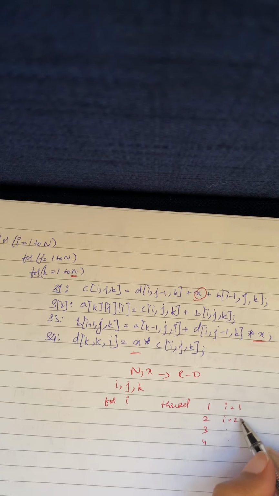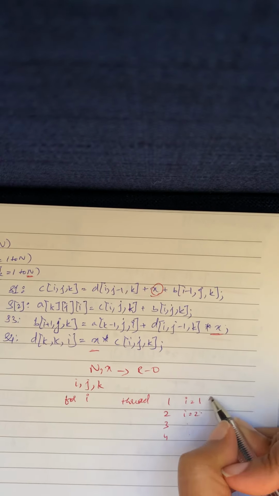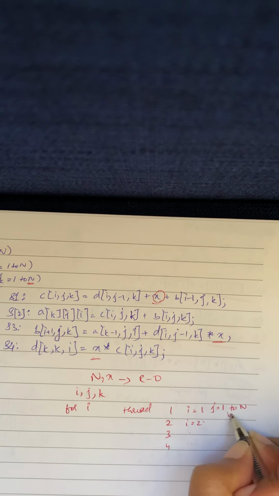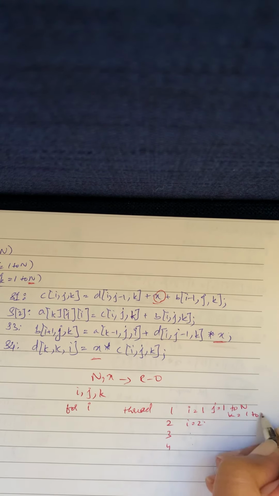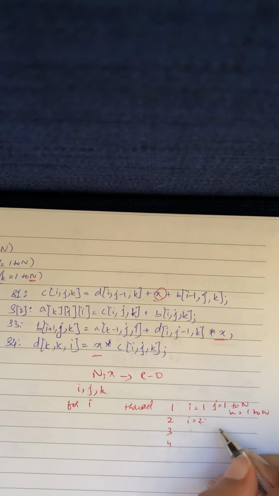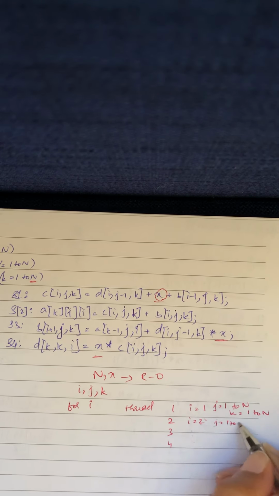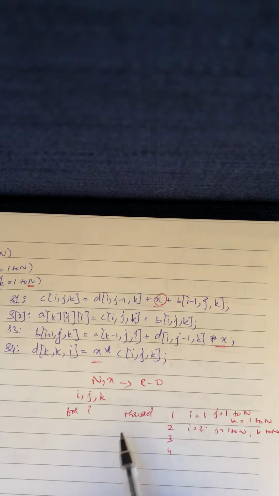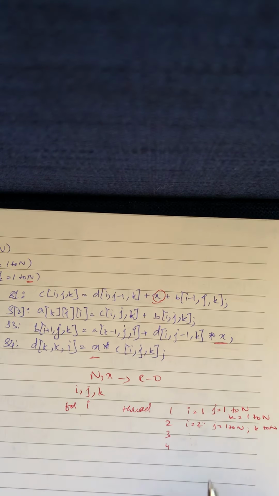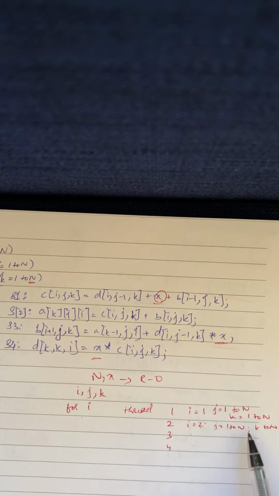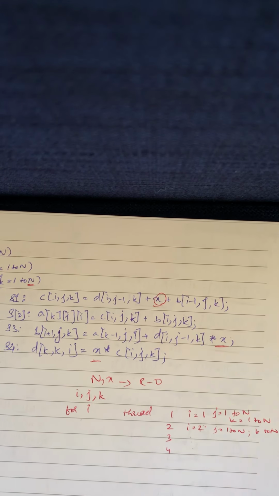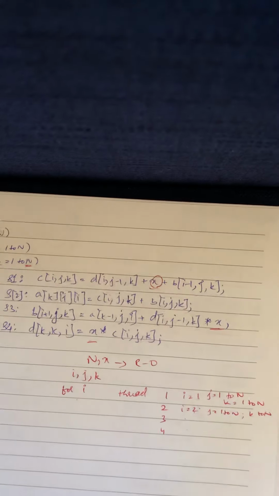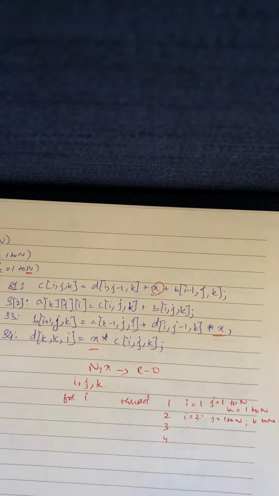So i's value itself is conflicting, and each of the threads will also write j from 1 to n and k from 1 to n. And similarly, thread 2 will attempt at writing the j 1 to n and k 1 to n. And so when we are trying to parallelize for i, each variable i, j, and k is going to conflict. It's a read-write conflict, but it's easily privatizable to fix this. So we privatize these variables.